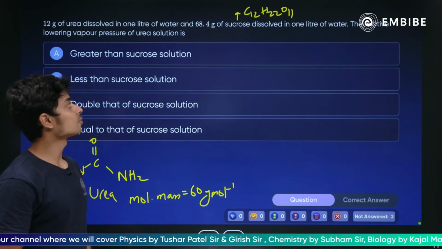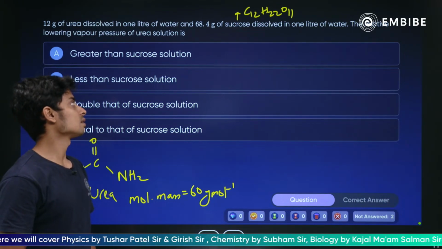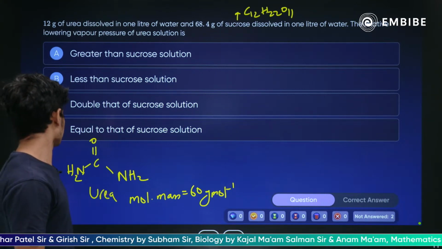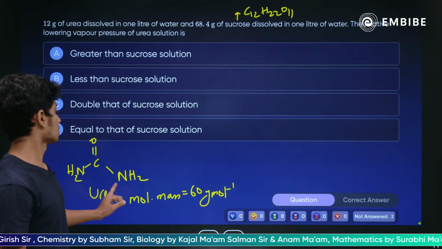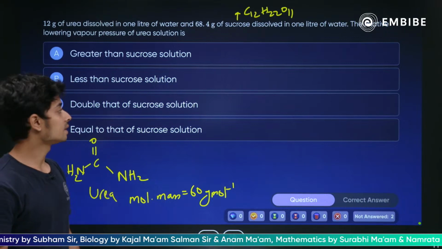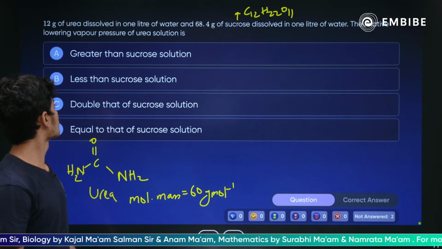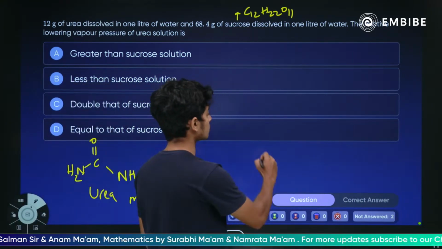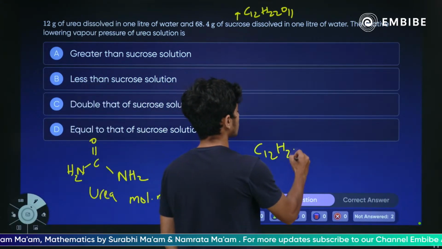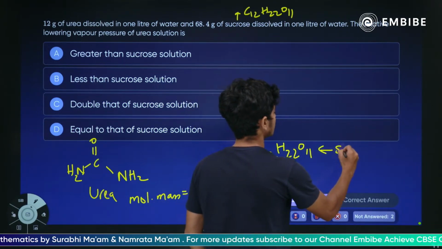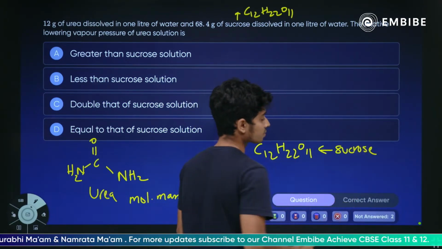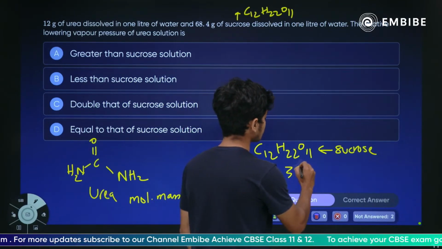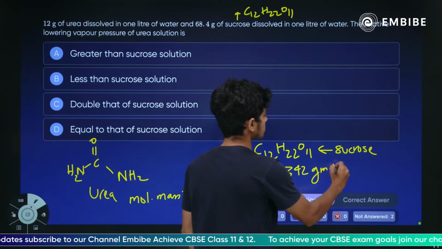So you have to just find the mole fraction of solute. Option D is that of sucrose. Sucrose is C12H22O11. Its molar mass is 342 gram per mole.